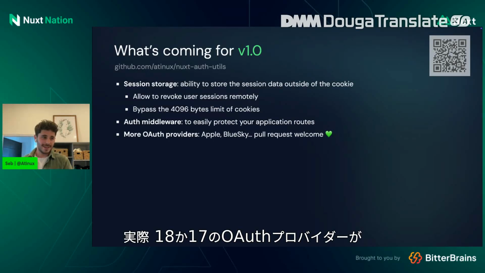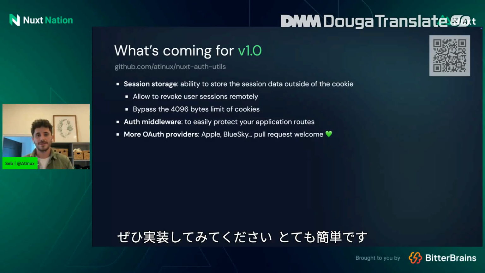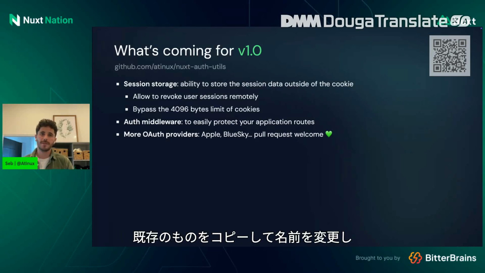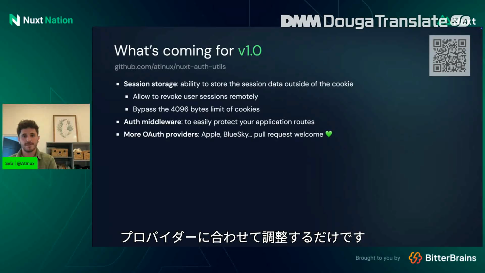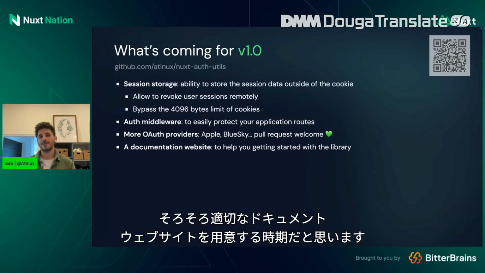Actually, I think 18 or 17 OAuth providers have been implemented by the community. So please go ahead. It's very easy to implement. You can copy one of them and rename and adapt to the provider. A documentation website, because now the README is way too long. So I think it's time to have a proper documentation website for this.